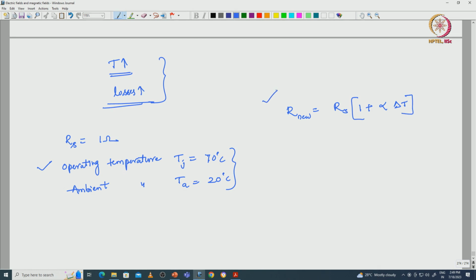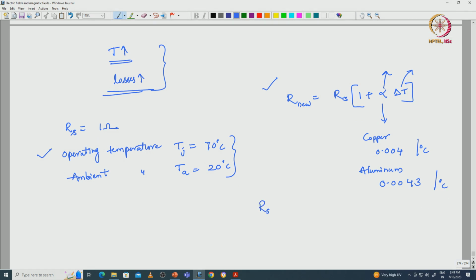This is the resistance equation with respect to the temperature coefficient alpha and change in temperature delta T. The temperature coefficient for copper is 0.004 per degree Celsius, or per Kelvin also we can mention. For aluminum, it is 0.0043 per degree Celsius.